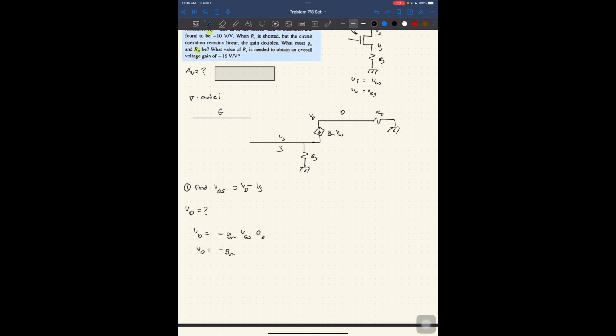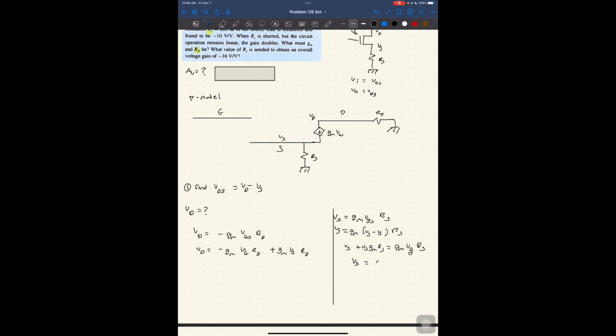VD is equal to minus GM VG RD plus GM VS RD. Okay? And VS is equal to GM VGS RS, which is equal to GM VG minus VS RS, which is equal to GM VG RS plus VS GM RS.